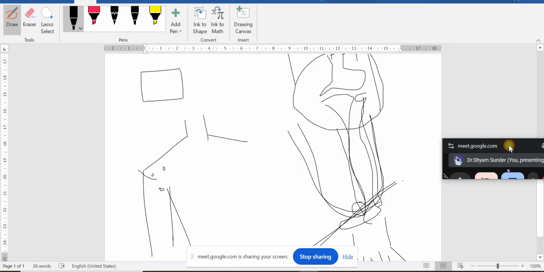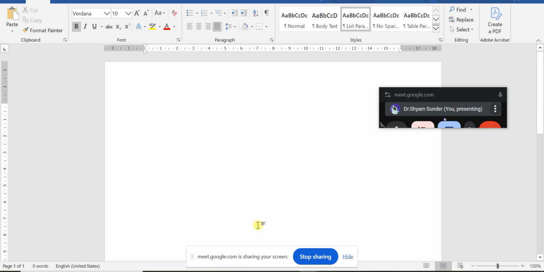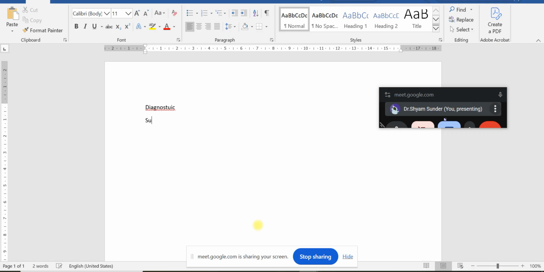And any endoscopy, including arthroscopy, is of two types: diagnostic and surgical. Please remember these two words. Any endoscopy, such as upper GI endoscopy, colonoscopy, bronchoscopy, all of those, including arthroscopy, has two types: diagnostic and surgical.